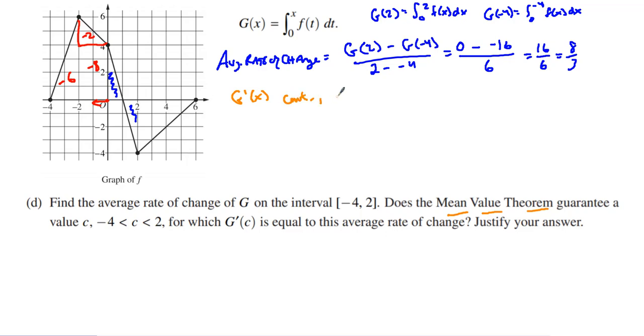And we know it is not only continuous, but it is differentiable. And so if a function is continuous and it is differentiable, that means the mean value theorem will apply. The average rate of change is 8/3, and we know there will be a c such that g prime of c is equal to 8/3, because it is continuous and it is differentiable.